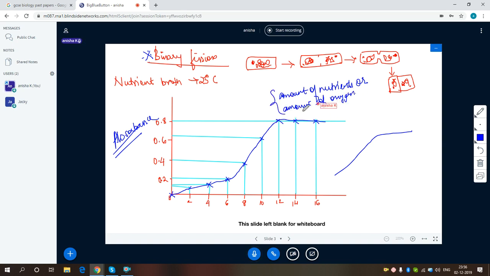That means the amount of nutrients or the amount of oxygen is being constant, and therefore my absorbance is also constant. Okay. That is 1.3. This is answer 1.3.